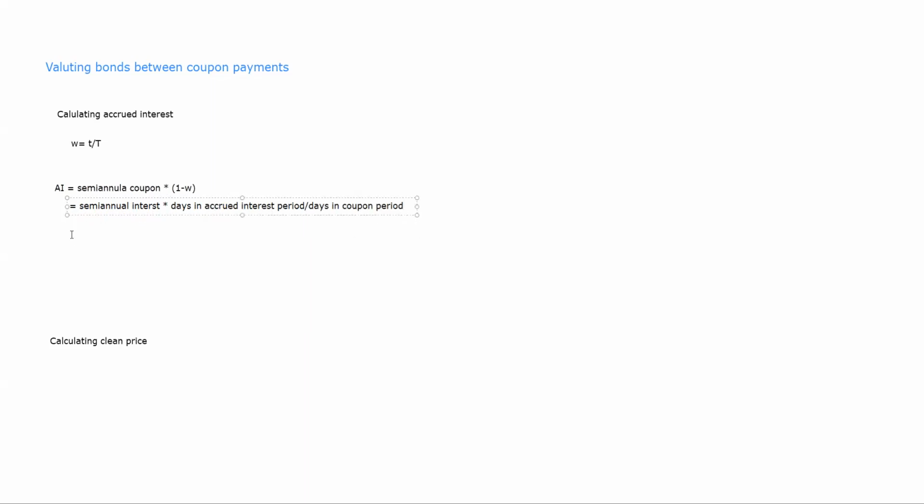So in our previous example, our semi-annual interest is basically 50.